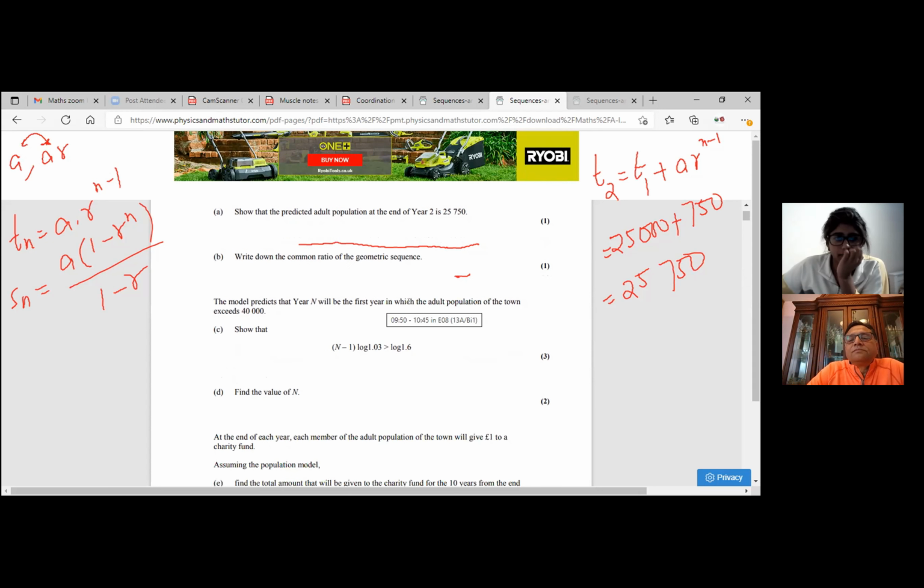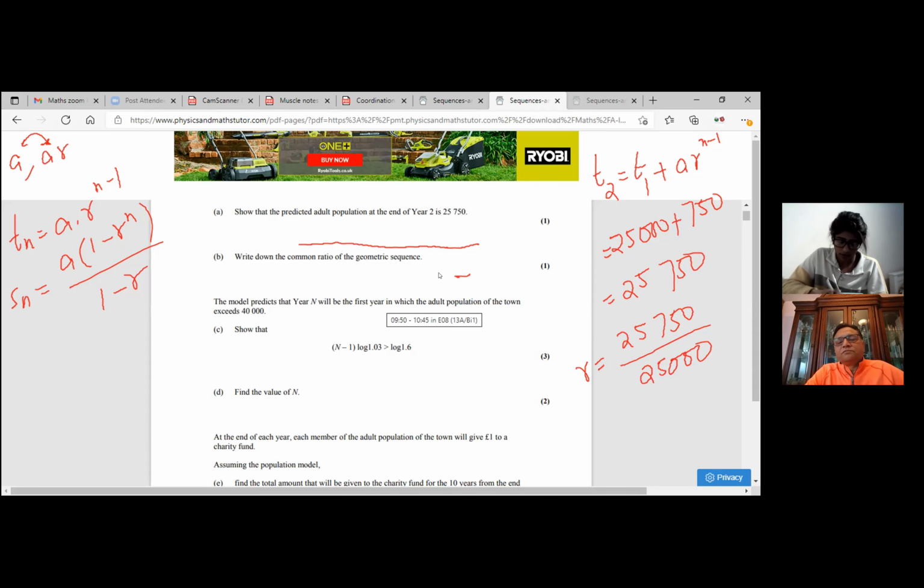So question part B, write down the common ratio of the geometric sequence. So you divide one by the other, right? So R will be equal to 25,750 divided by 25,000. Yes.